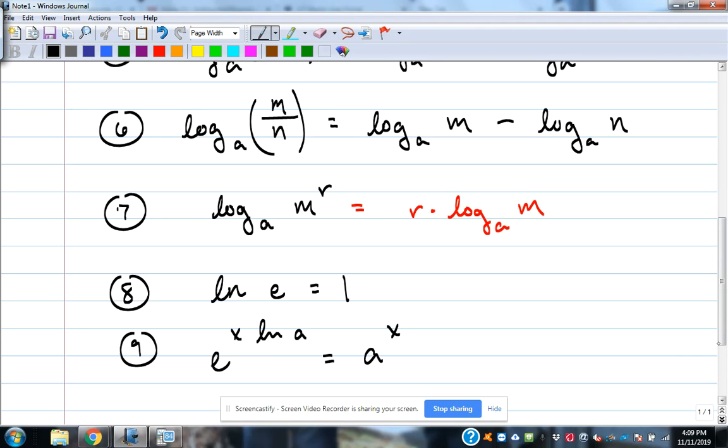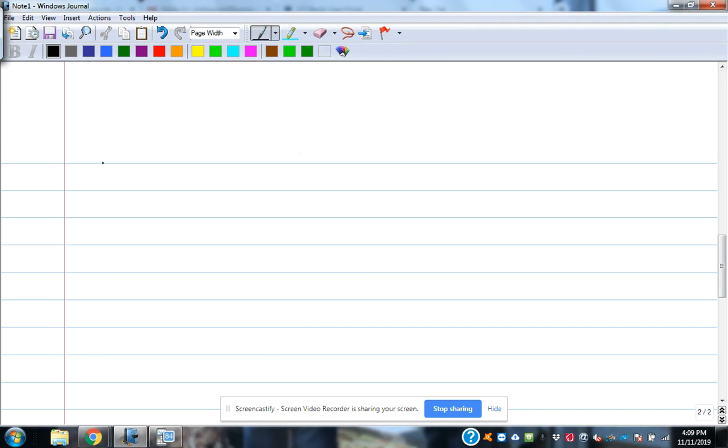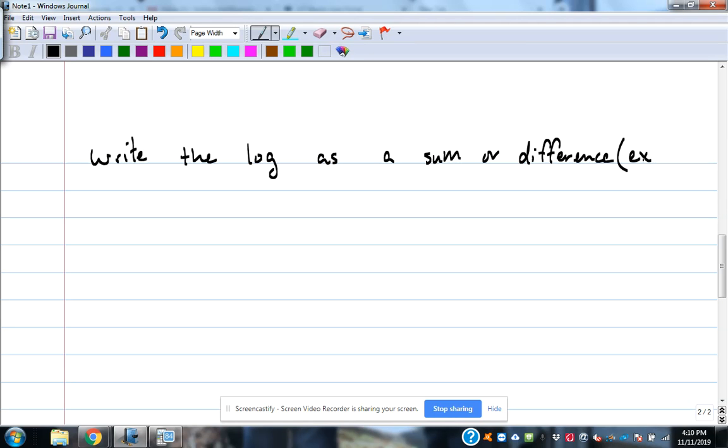So what we're going to work on first is write the log as a sum or difference. And you'll hear me say this every time because this is the way I've always taught it, as expanding. So what we're going to start with is a logarithm, and we'll just do base 4 because it doesn't matter what base it is.